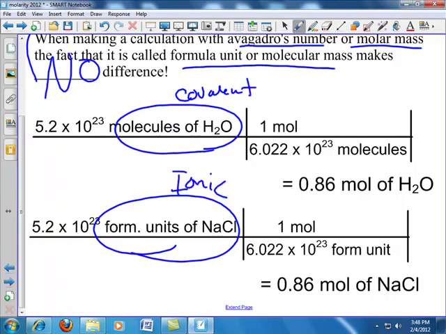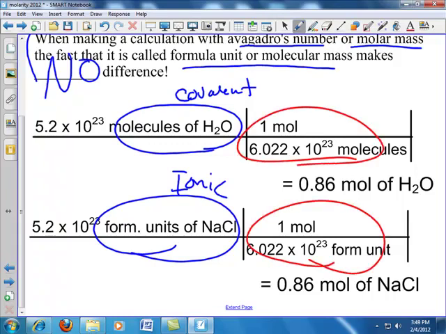But again, if I make the calculation, this number right here, Avogadro's number, is the same in both cases, and the number of moles comes out to be the same in both cases. So, bottom line is, you've got to know that there's a thing called formula units and molecules. They mean the exact same thing.